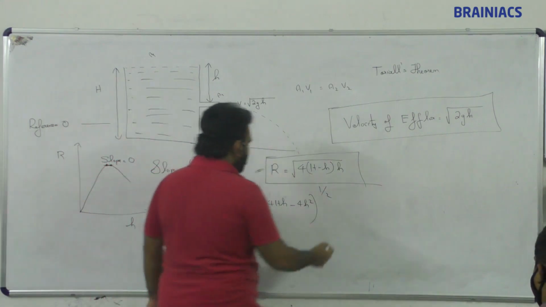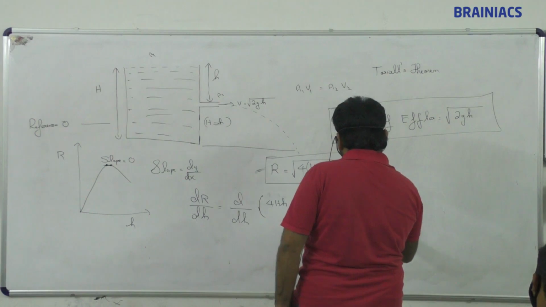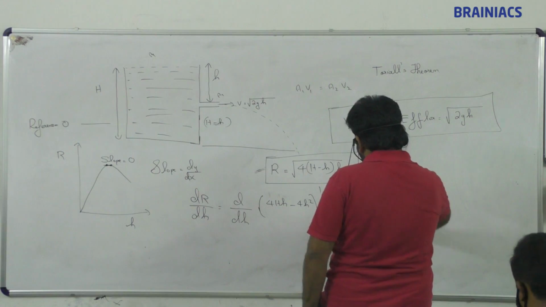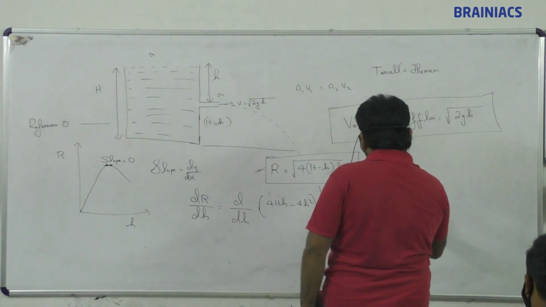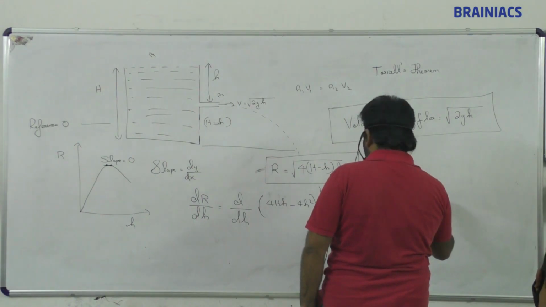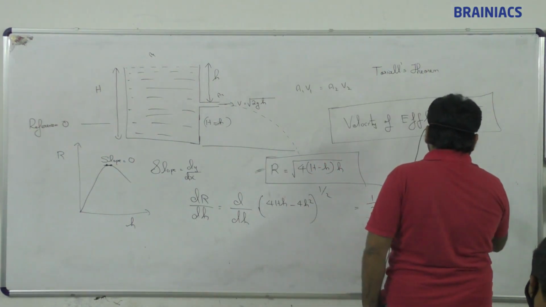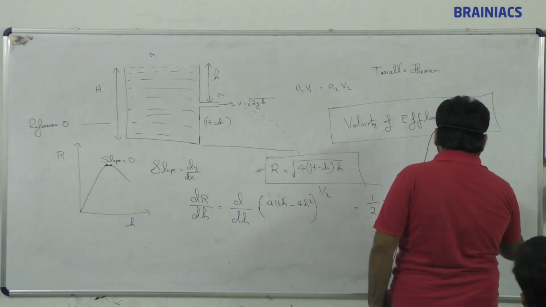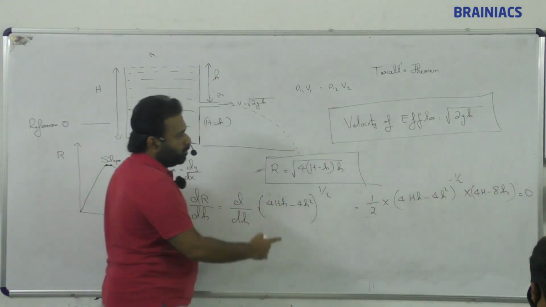We differentiate each one, so we get (4hH minus 4h square) raised to minus 1 by 2 into (4H minus 8h). This will be equal to 0.